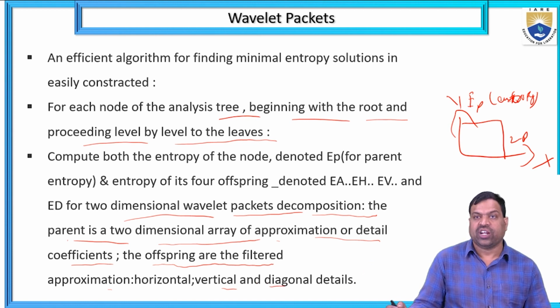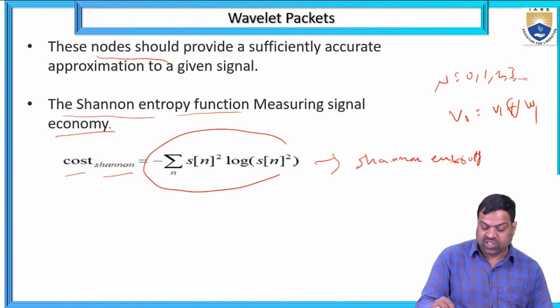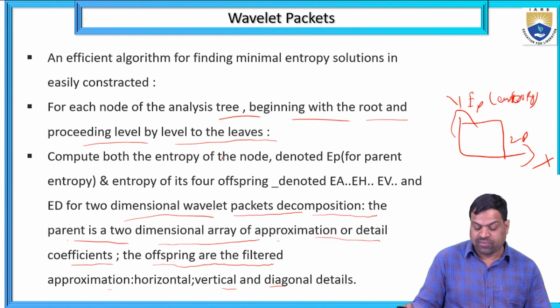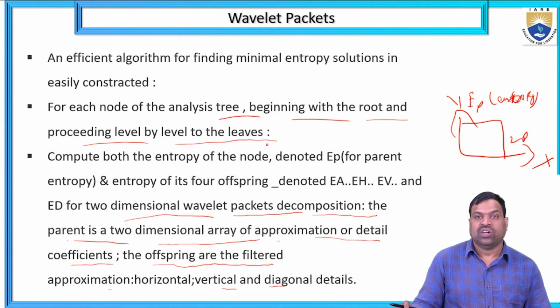So an efficient algorithm for finding the minimal entropy solution is easily constructed. Each node of the analysis tree begins at the root and proceeds level by level to the leaves. We are seeing here that every one of these equations comes from the Shannon theory. Compute both the entropy of the node, denoted EP for parent entropy, and the entropy of its offspring.